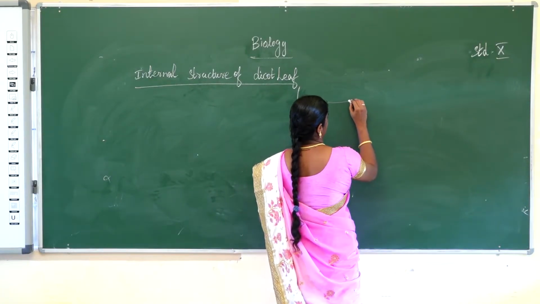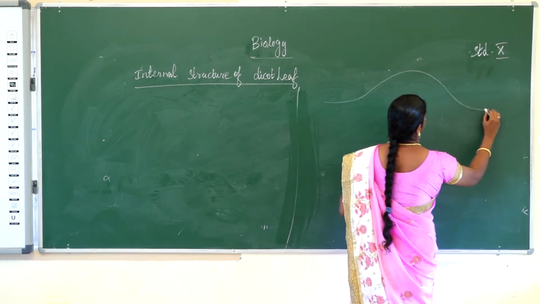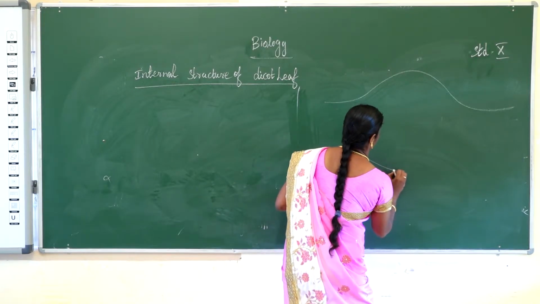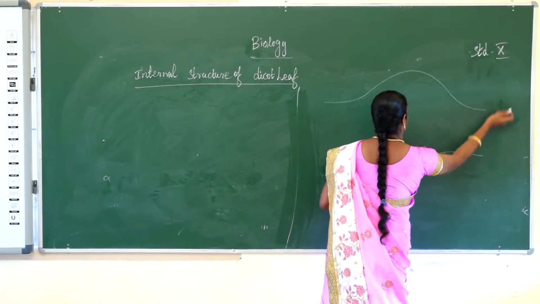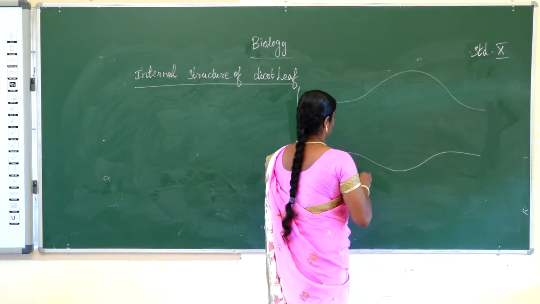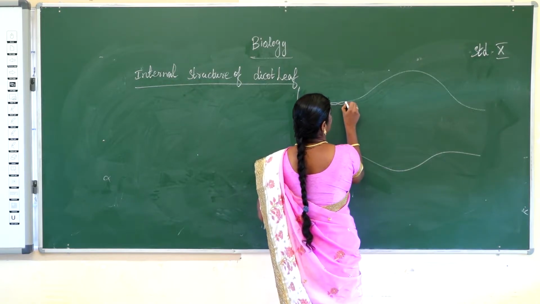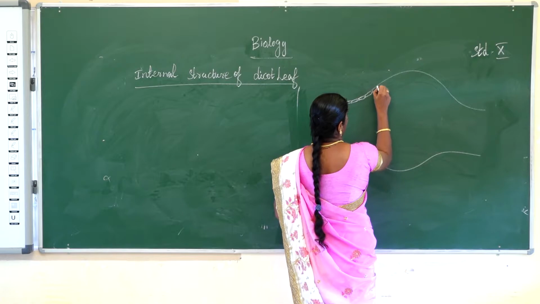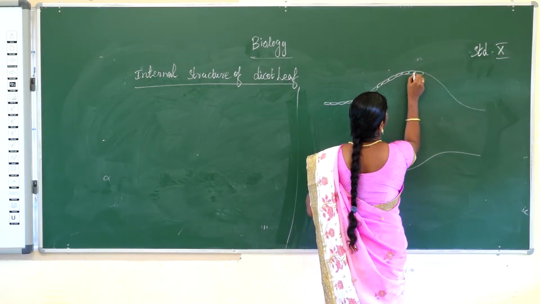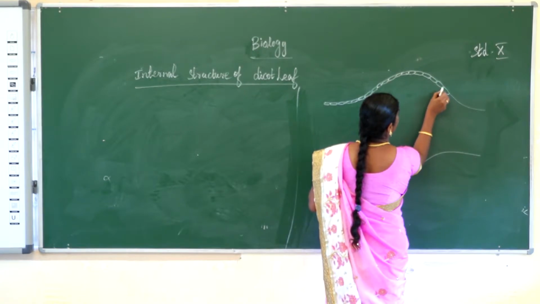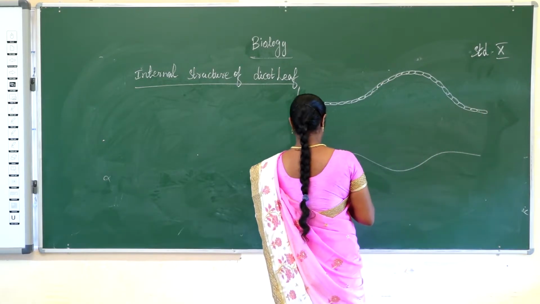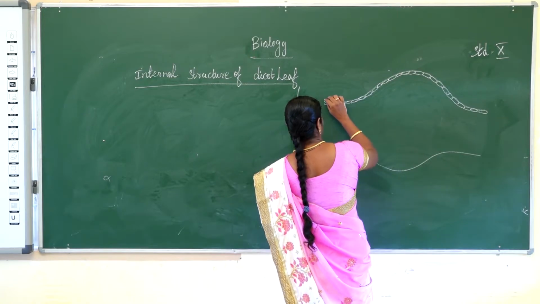The first part is epidermis. The leaf has upper epidermis and lower epidermis. Epidermis is covered with cuticle.